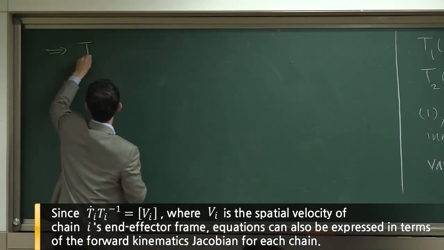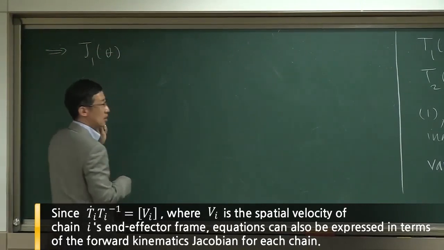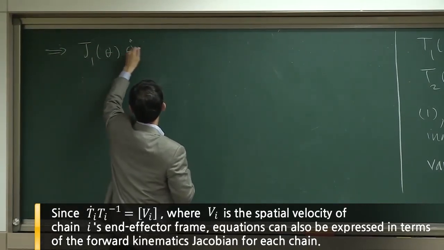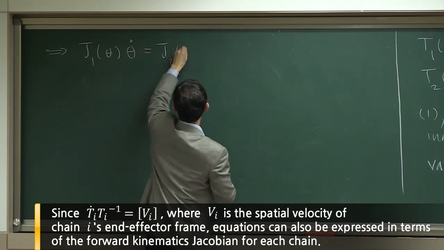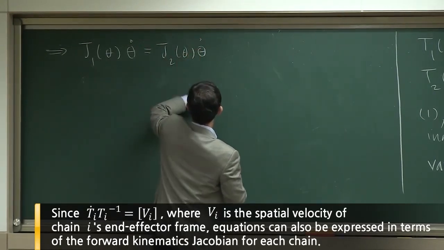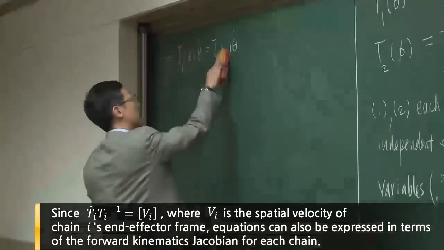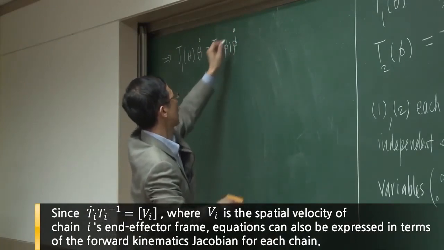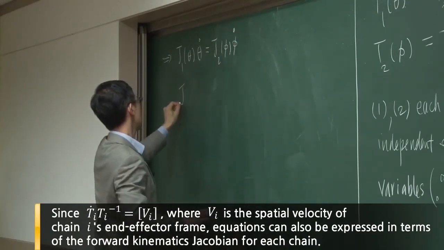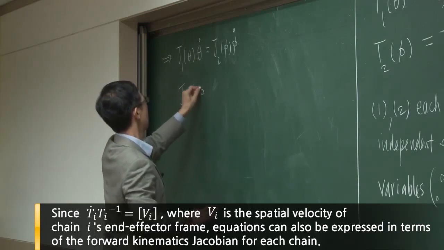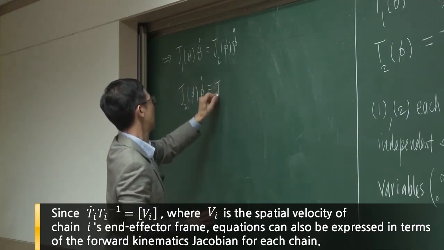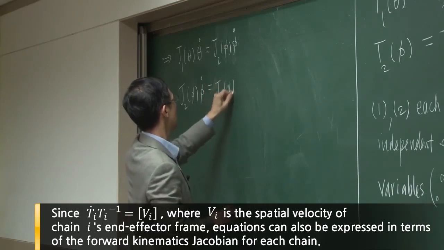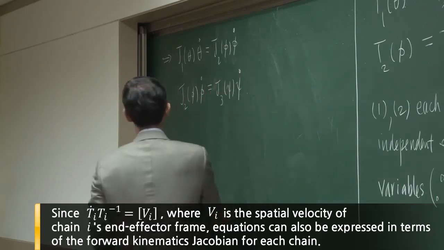I could say J1 of theta times theta dot is equal to J2 of phi times phi dot. And also J2 of phi times phi dot is J3 of psi times psi dot.